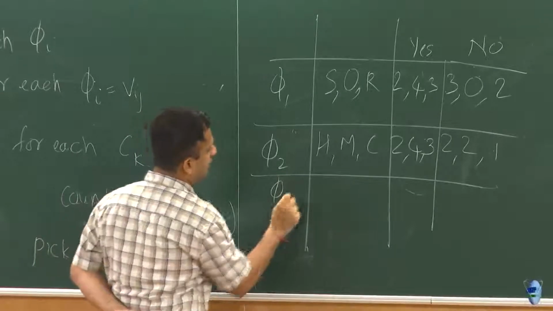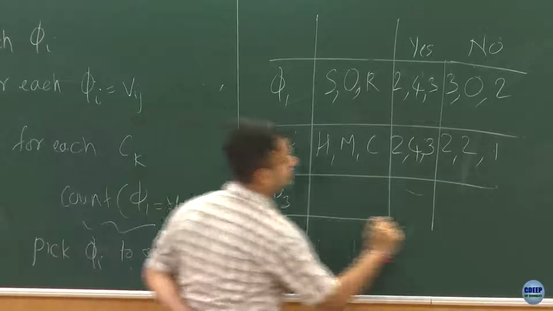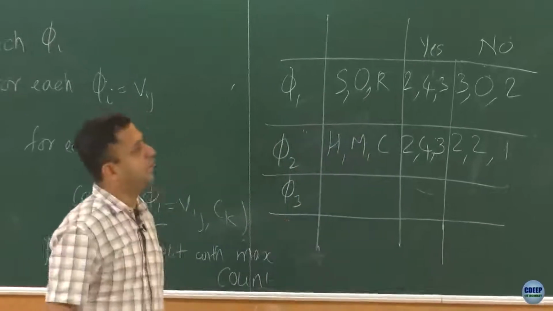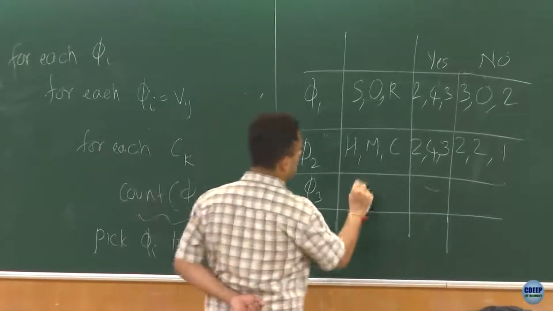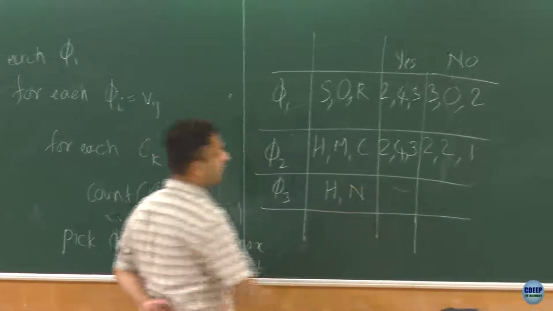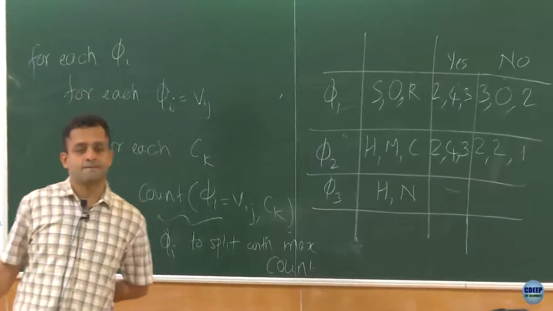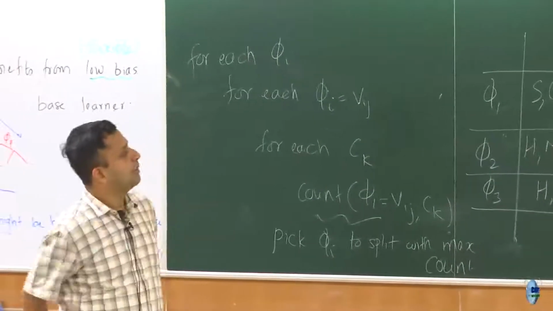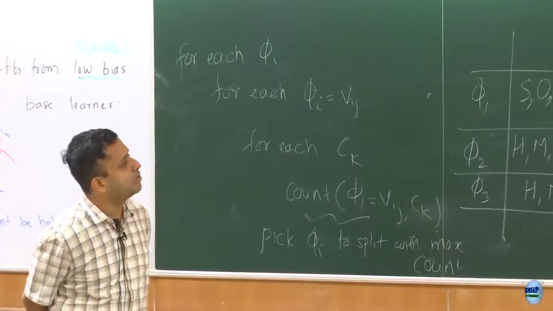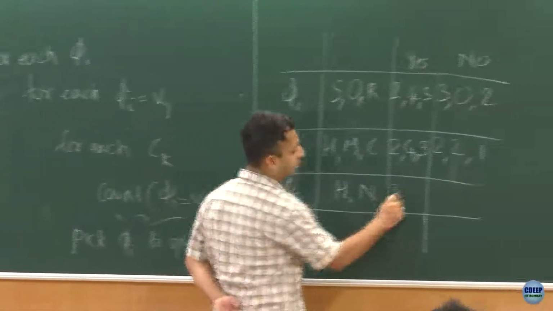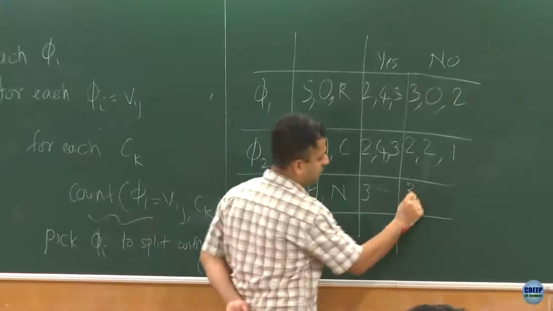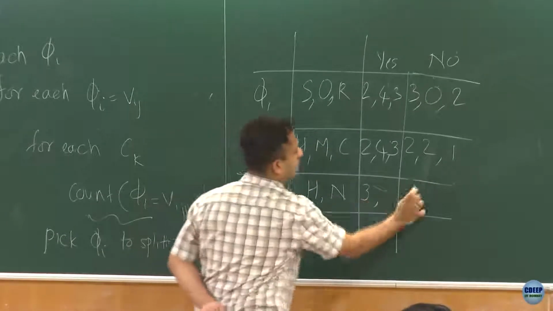Phi 3. Let's get those numbers. So phi 3 is humidity, high or normal. That's it. Only 2 values. How often is that? With high humidity, the person still played 3, and did not play? 3. 4.